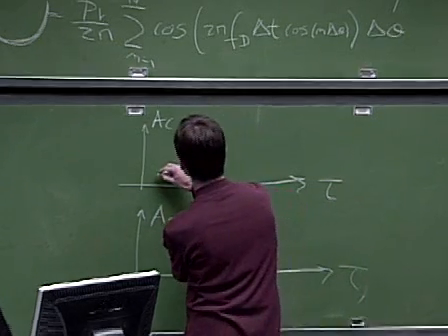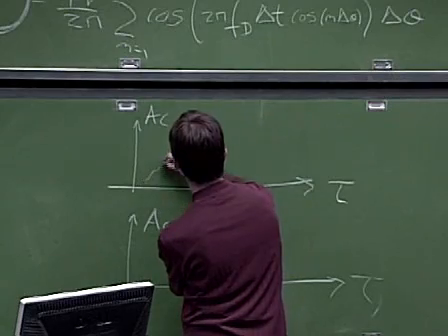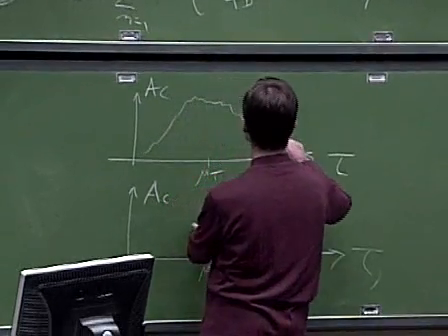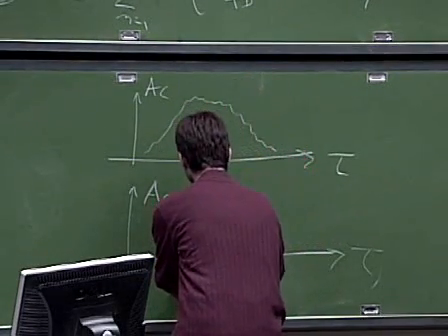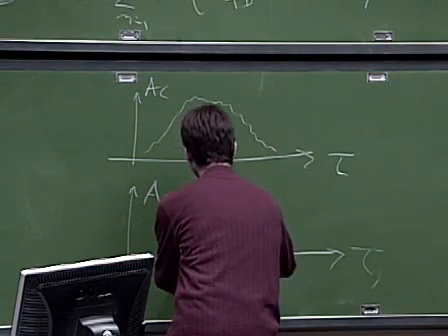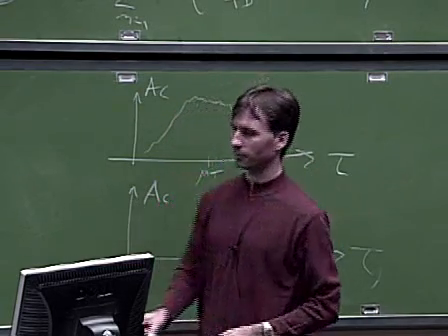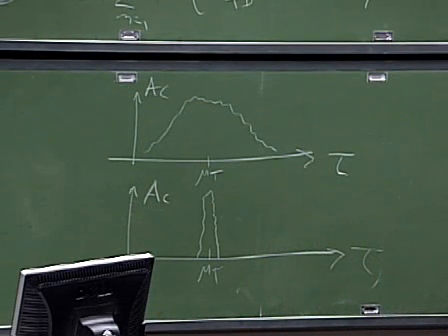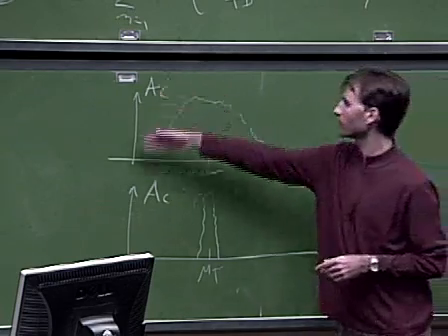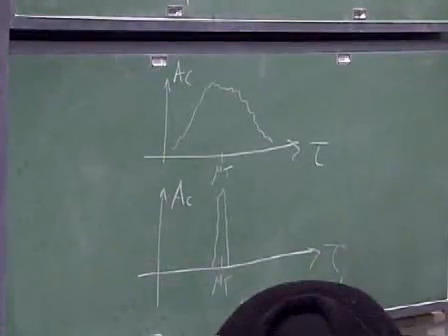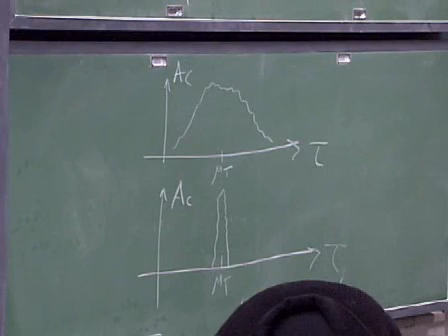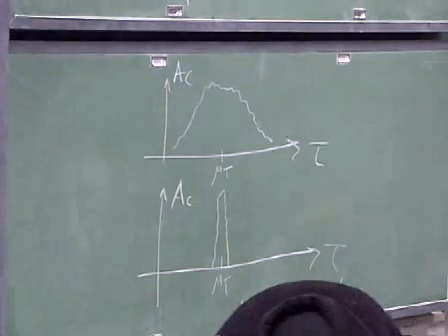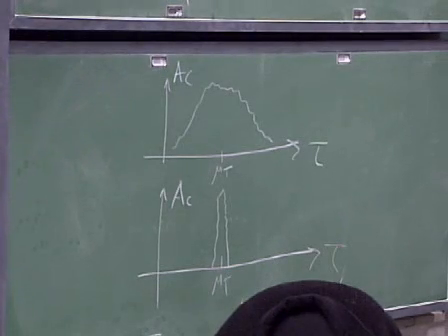One will be this. These are two different power delay profiles, so this is power versus delay, and I've plotted them so that they have the same average delay, called mu. But they have very different delay spreads.